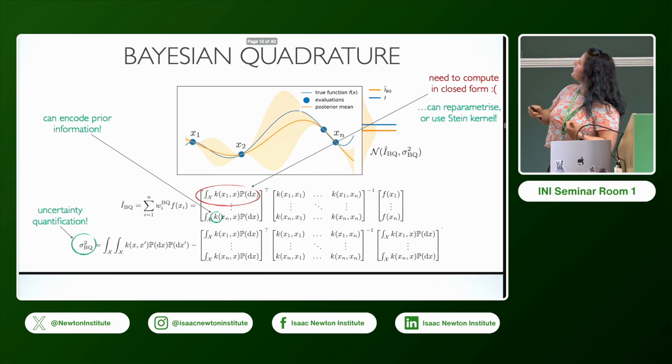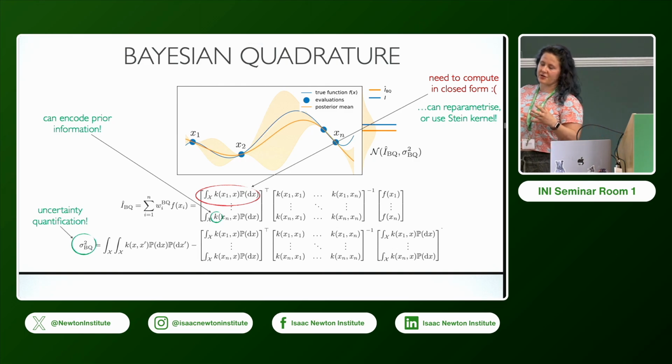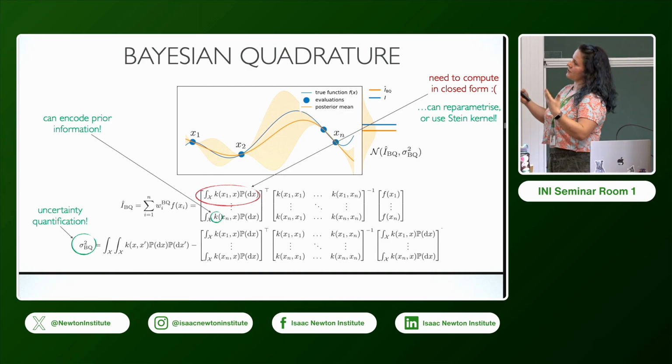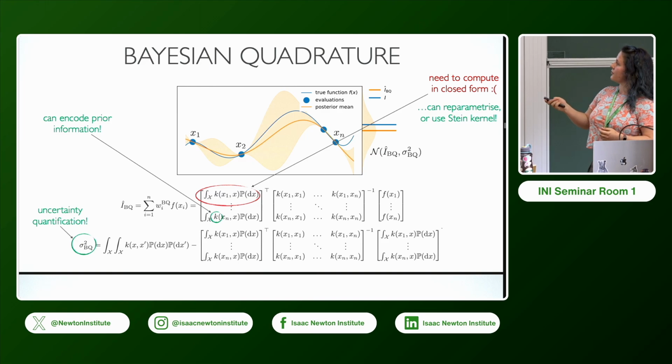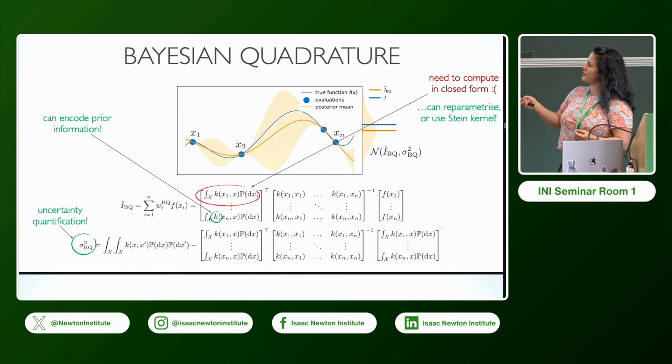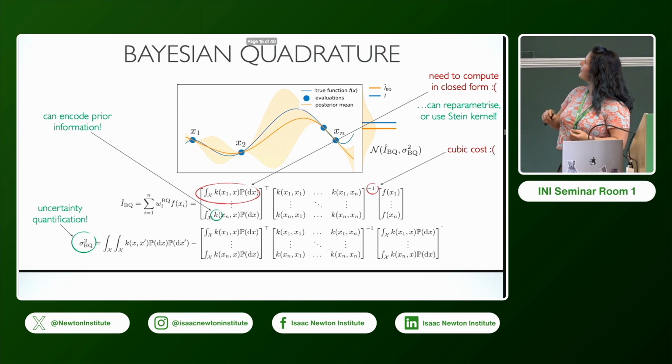And if this is not known, we can do a reparameterization trick where we pretend that the measure is Gaussian or something well behaved and just throw the rest under the integral, or use something called the Stein kernel, for which this thing can be assumed to be a constant.